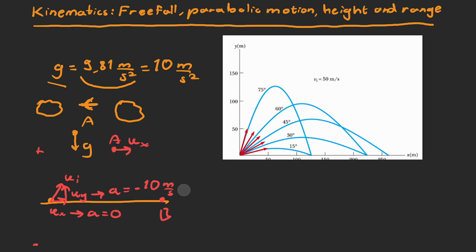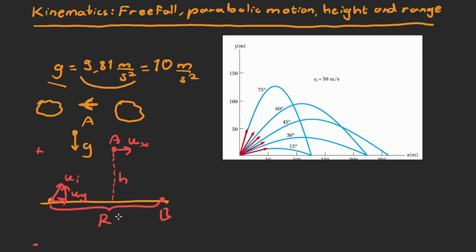Let's define a couple of things here. We need to call this distance something. Let's call it height, and give it a value of h. And what about how far the object went? I mean this distance.